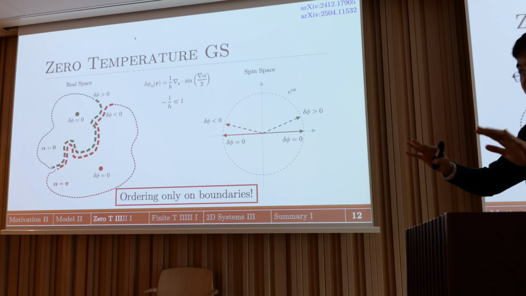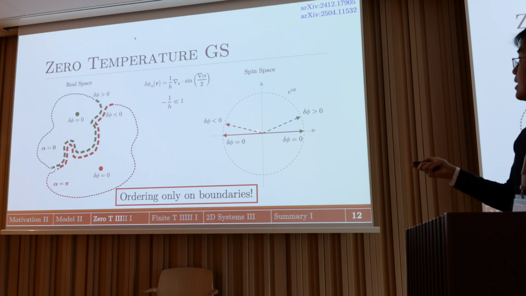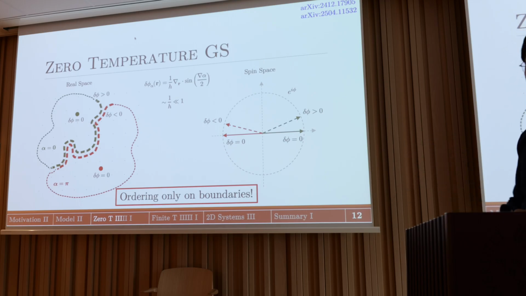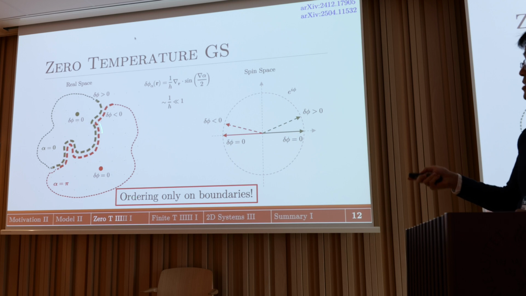So overall, there's a net slanting in the plus pi over 2 direction. And that means the Z2 symmetry is broken, right? The overall net phi is in plus pi over 2, and that breaks the phi to minus phi degeneracy. And also from this consideration, we see that ordering lives only on the boundaries of these clusters.